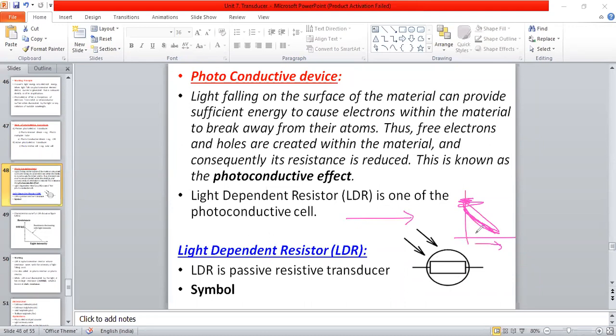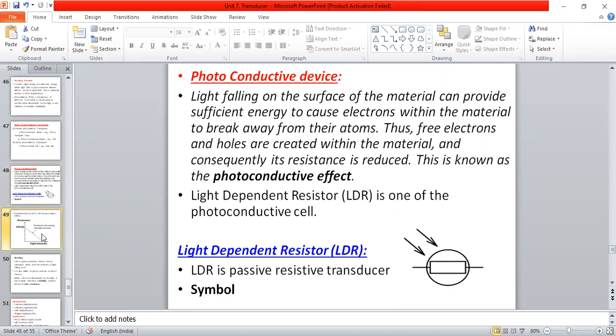When light falls on it, the free electrons form electron-hole pairs and get a direction. If current is flowing, the resistance should drop. So the resistance decreases. That is the graph we are showing here.